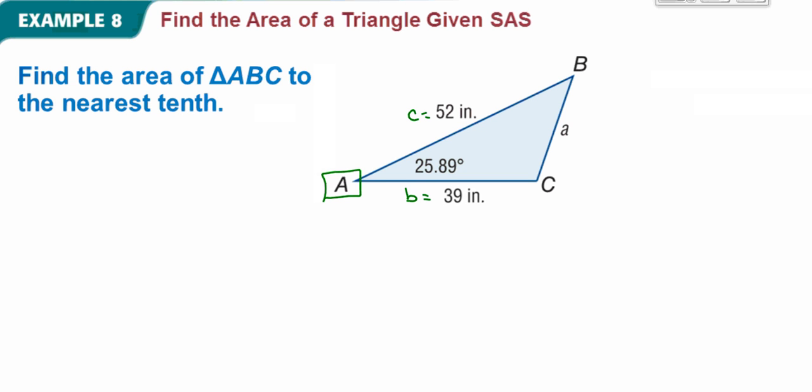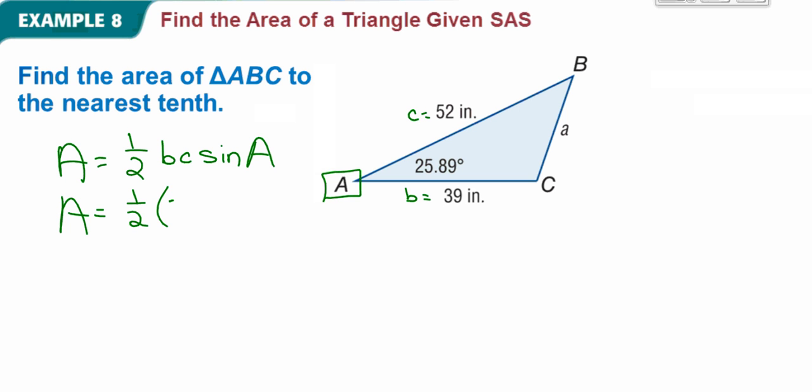So the version we're going to use is area equals 1/2 BC sine capital A. These are pretty straightforward problems. We just plug that in: A equals 1/2 times 39 times 52 times the sine of 25.89 degrees.